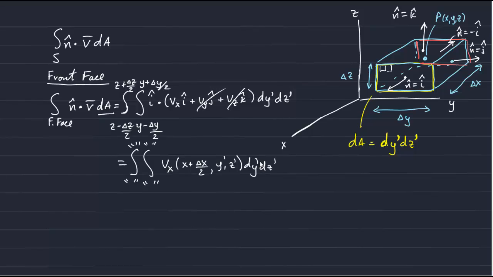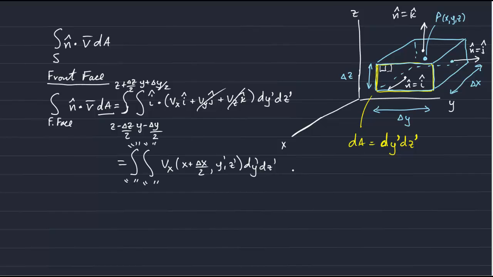And again, we're using these primes simply because we're using the symbols x, y, and z for this single point in the center of this control volume. And so we need slightly different variable names to describe the integration in y and z on this plane. So we're just using y prime and z prime as the different variable names to describe that integration.